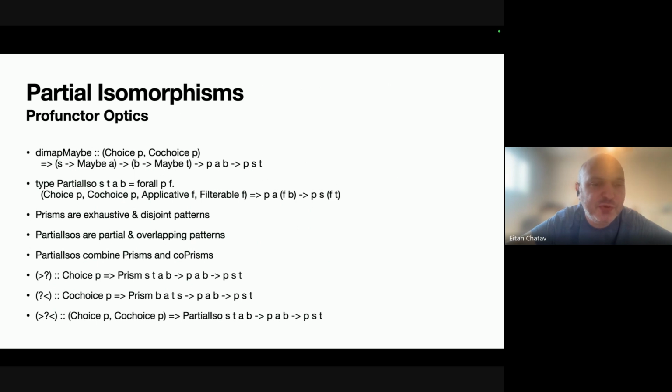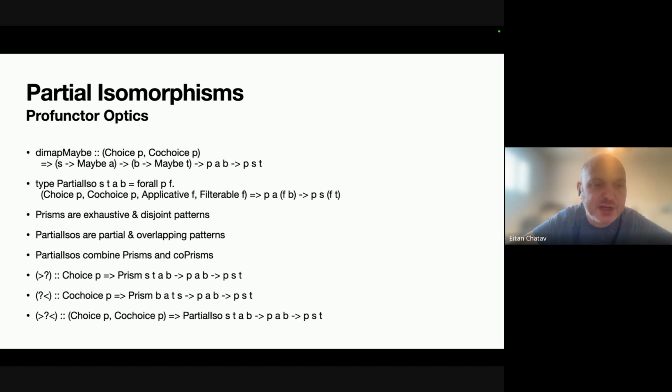So whereas prisms we think of as being exhaustive and disjoint patterns, we can think of partial isos as being partial and overlapping patterns. And what partial isos do is they combine prisms with coprisms, which should make sense because we're adding co-choice to choice. So what is a coprism? A coprism is just a prism with all the arrows reversed. And so for a coprism, we don't really need a new thing. We can just represent it as: if prism s t a b is a prism, then prism b a t s is a coprism.